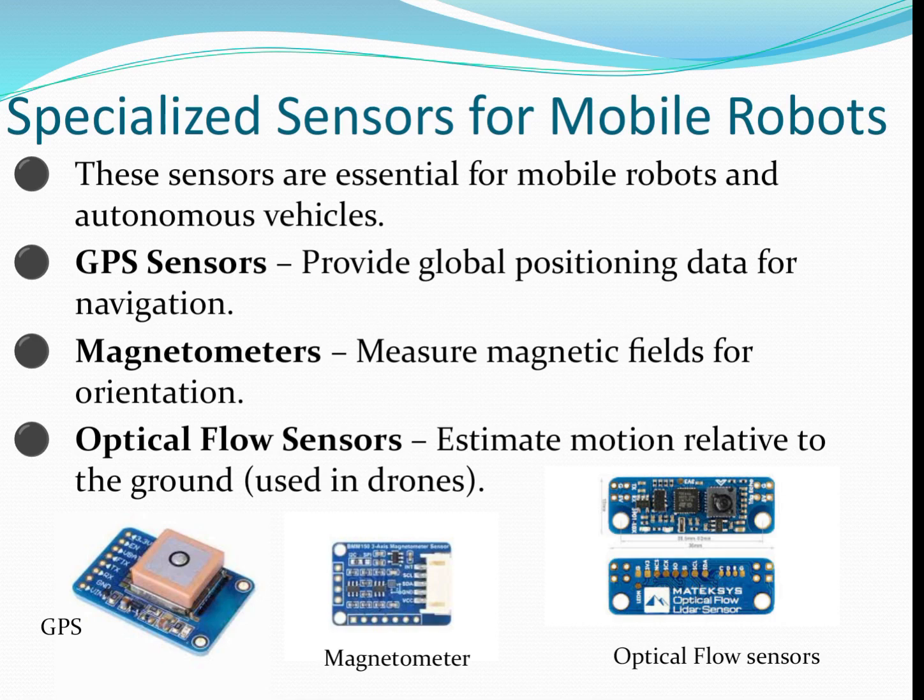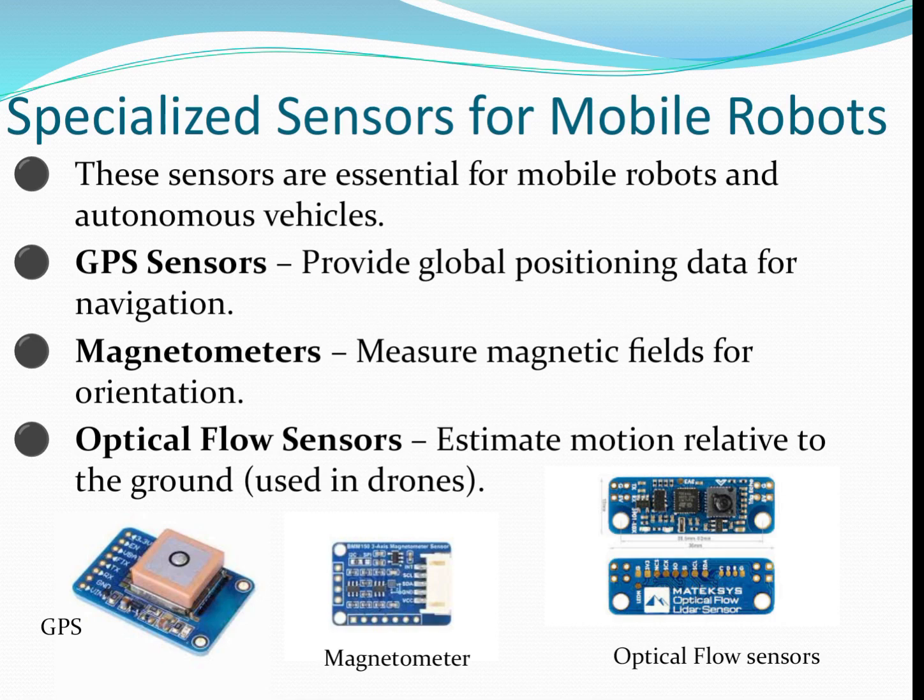Special sensors for mobile robots. These sensors are essential for mobile robots and autonomous vehicles: GPS, magnetometer, and optical flow sensor. GPS provides global positioning data for navigation. A magnetometer measures the magnetic field for orientation.